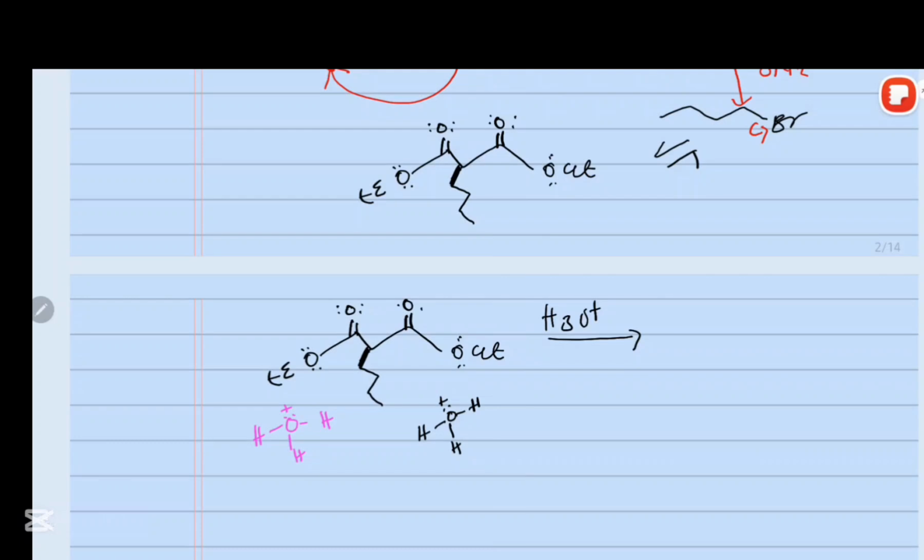Now the thing here is we want to make this a good leaving group, because the way it is, this oxygen is having 2 lone pairs. It is a bad leaving group, so we want to make it a good leaving group.